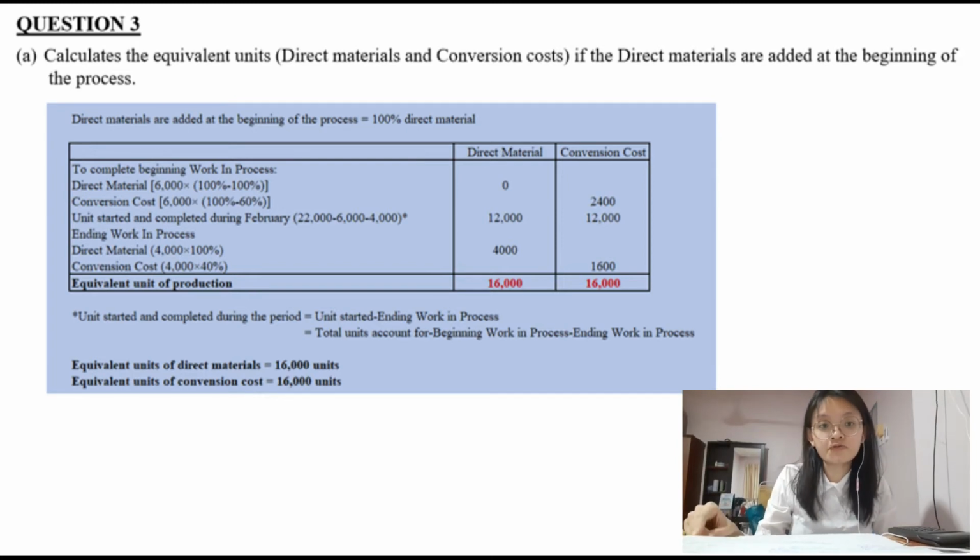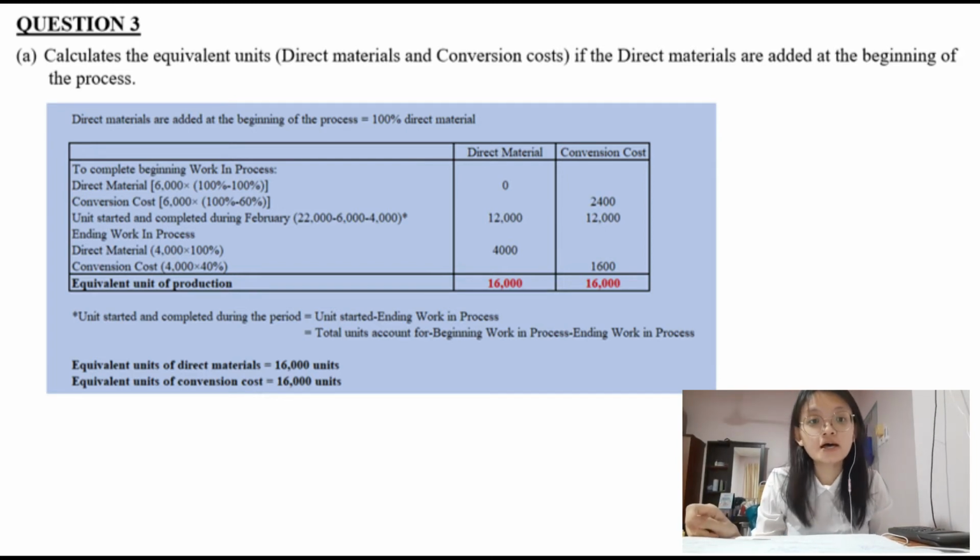Okay, now we will move to the question 3a, which the question mentioned that we need to calculate the equivalent units for the direct material and the conversion cost with the assumption that the direct material are added at the beginning of the process, which means that the direct material during the beginning work in process will be 100% completed.